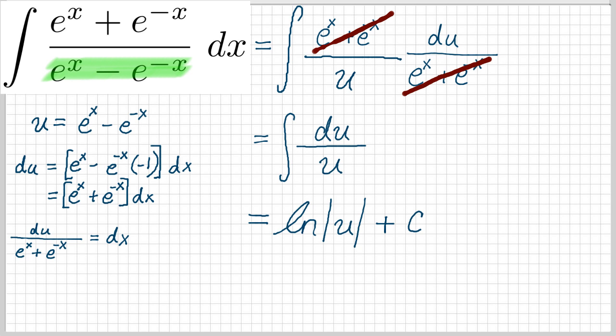Now, a lot of you are using natural log a little bit more than you're supposed to, and we'll talk about that in the next problem, but this is actually a natural log question, and u is an auxiliary variable, so just to get rid of that, I'll replace it with what u equals. And then I wrote dx for some reason. That's kind of embarrassing, but it should just be a plus c.